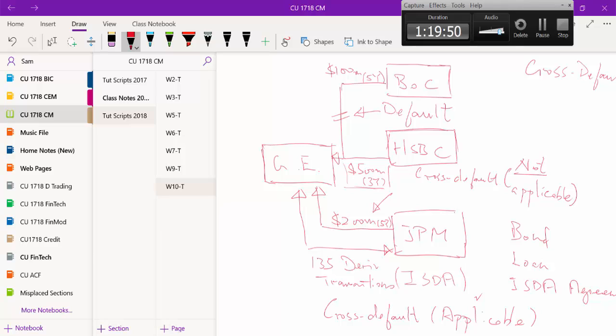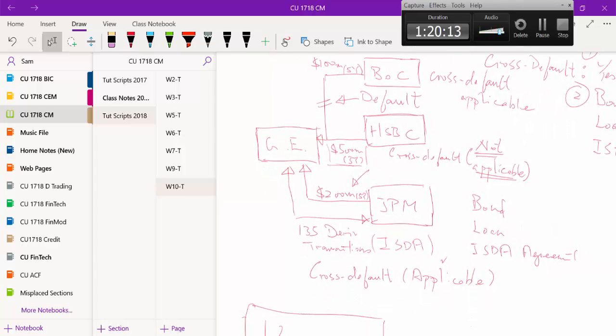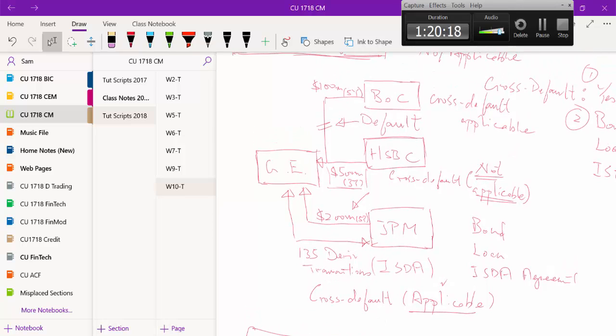Now, let's say for them, cross default applicable, or cross default is yes. But for them, it doesn't matter. And then for HSBC, when they negotiated, they said cross default not applicable, or cross default no. And then for JP Morgan, they said cross default applicable. So HSBC is the only party which has negotiated different terms.